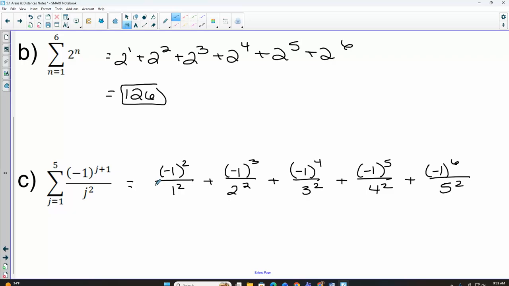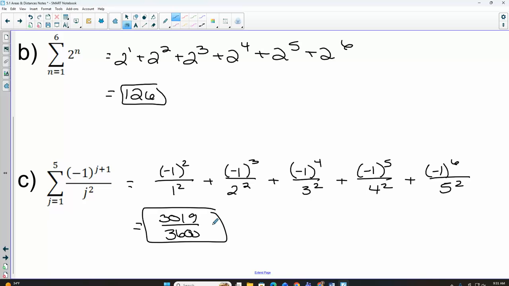All right, so if I add this up, that one gives me a beautiful 3,019 over 3,600. All right, do we kind of understand what the summation notation is telling us?